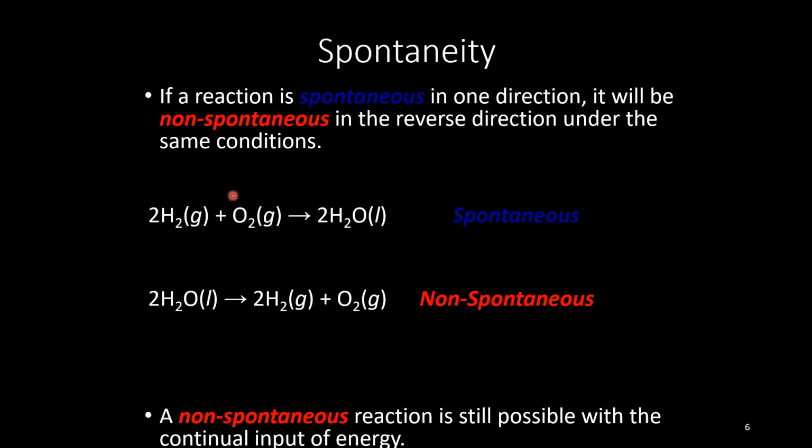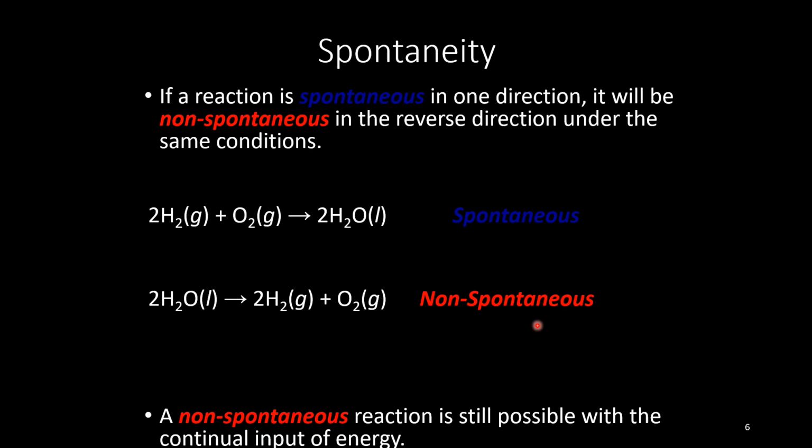Once you spark those off, it is a spontaneous reaction that all of the hydrogen or all of the oxygen, depending on which one is the limiting reactant, is going to burn and become H2O. So this is a spontaneous reaction, in this direction. But you could write this reaction the other way around and say H2O makes a balanced chemical equation with 2H2 and O2. But this we're going to call a non-spontaneous reaction.